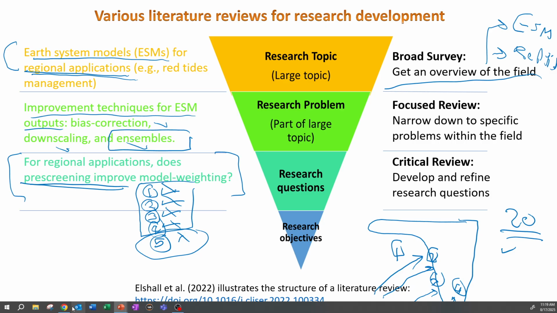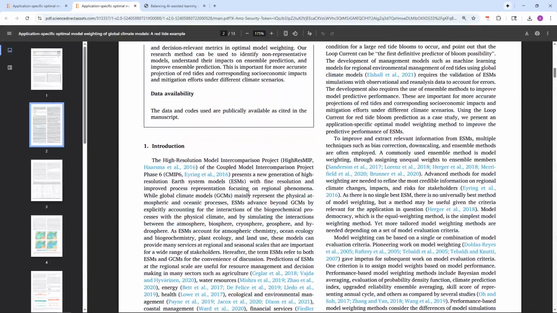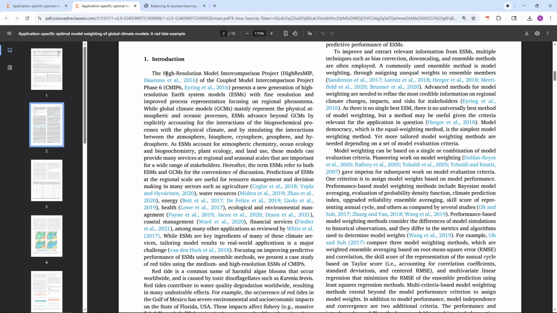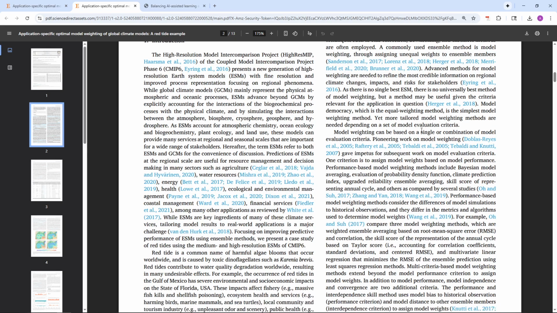So please try to read the introduction, where in the first two paragraphs I provide the general background and context. Here I start to introduce our problem, which is improving the output of Earth system models.